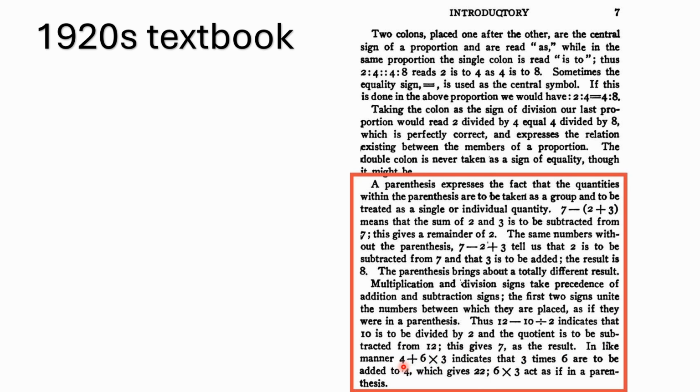And in a second example, they use 4 plus 6 times 3. 4 plus 6 times 3 indicates that 3 times 6 are to be added to 4, which gives 22. 6 times 3 act as if in a parentheses. All right? So multiplication has precedence over addition and subtraction. Division and multiplication have precedence.